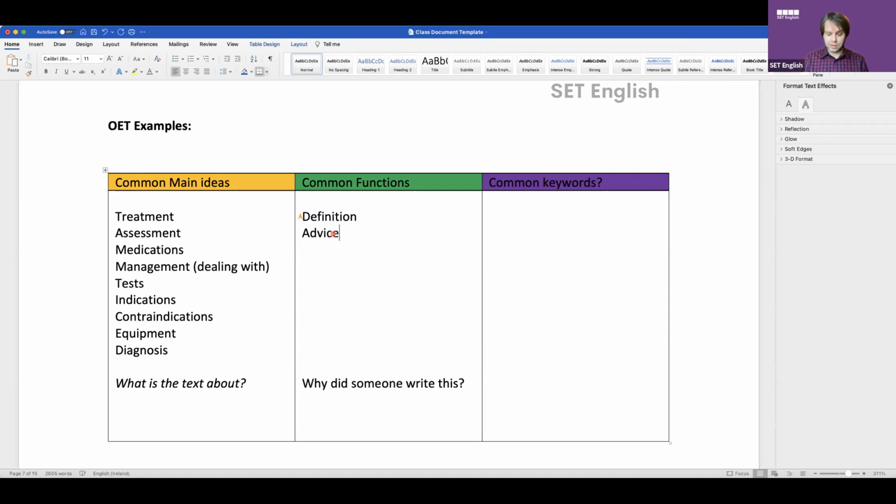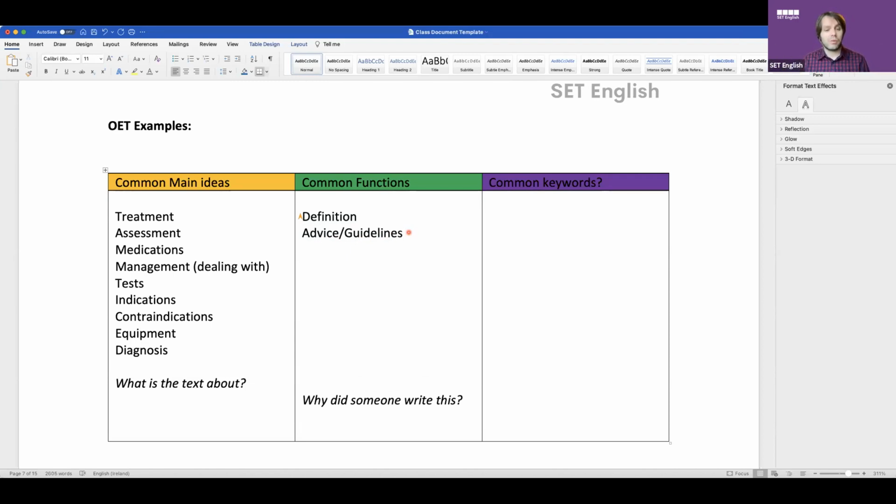Advice, guidelines. Why do people write advice? To help the reader to know what to do and what not to do. Good. Whereas a definition tells me what something is. Like, what is a horse? A horse is an animal with four legs, right? Give me other functions that you know.